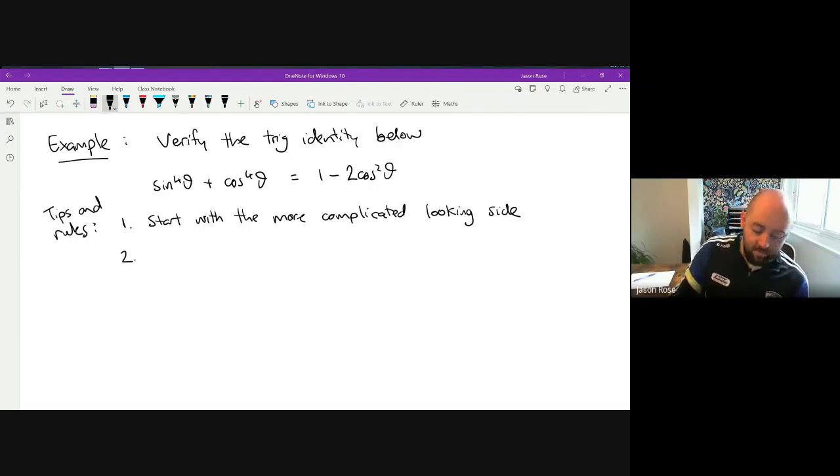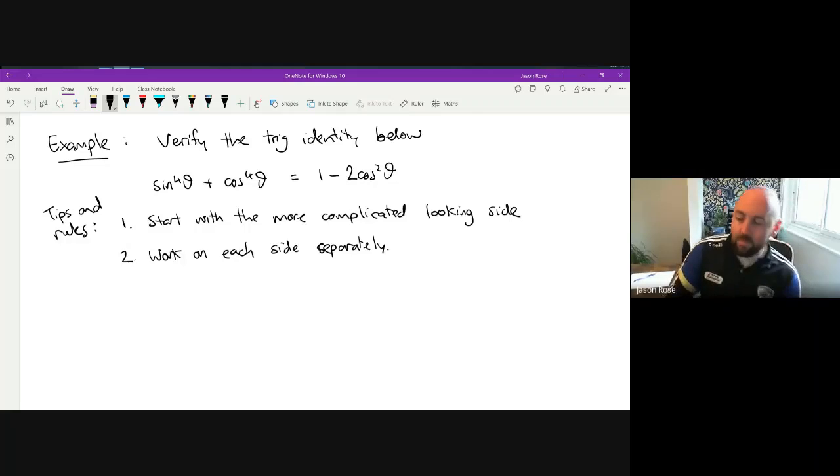And the second thing is to work on each side separately. So start with the most complicated side and then treat it like an expression, like we've been doing when simplifying trig expressions. Oops, I've written the question wrong. That should have been sine squared minus cosine squared.